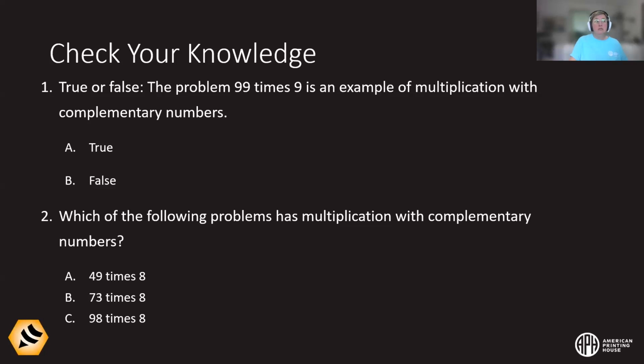So I have a question for you. The problem 99 times 9 is an example of multiplication with complementary numbers. Is this true or false? And I suggest you set it up with the 9 single digit on the left-hand side and 99 as we've been practicing.